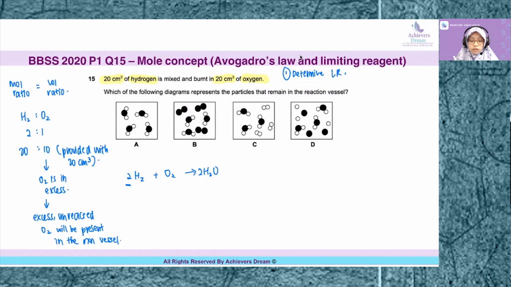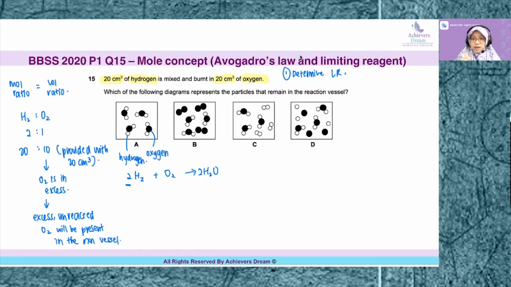So let's take a look at the diagrams. Which of the following diagrams represents the particles that remain in the reaction vessel? For A, you need to infer from the diagram given that the black dot is oxygen, while the unshaded circle is hydrogen.